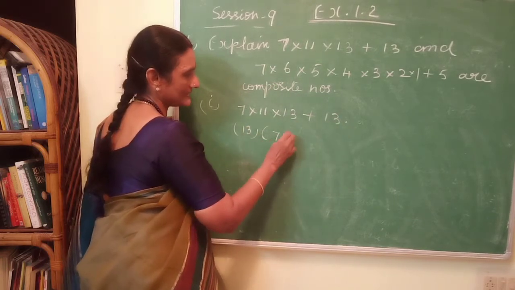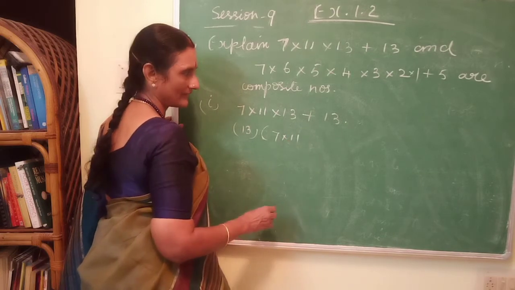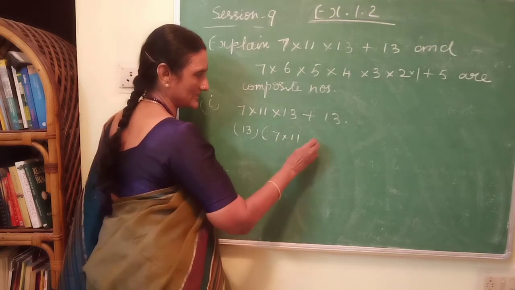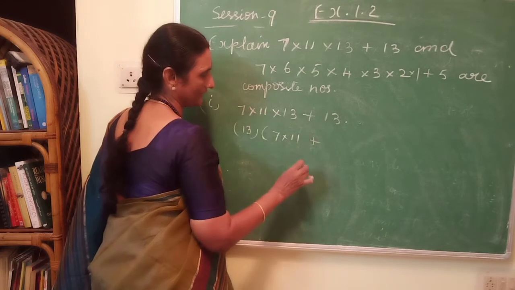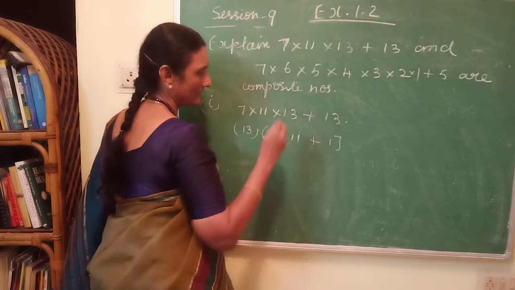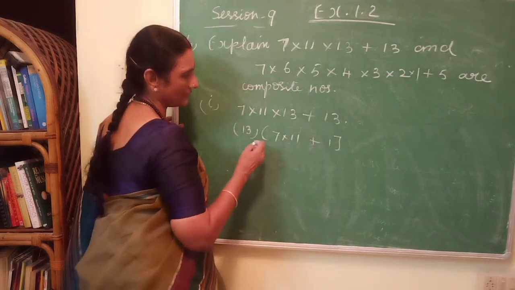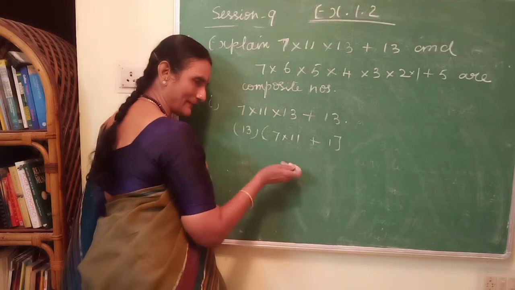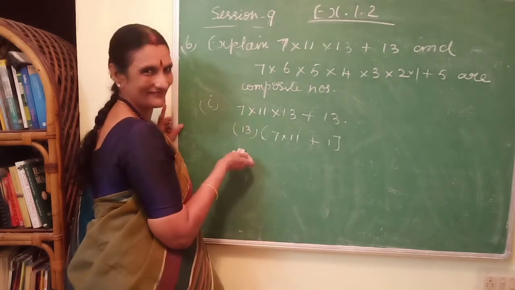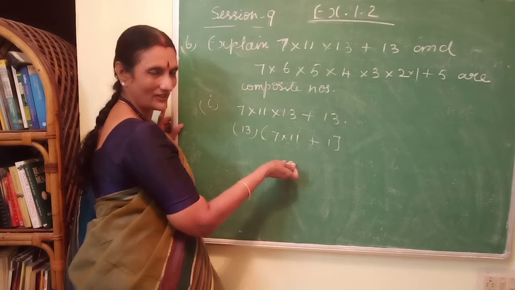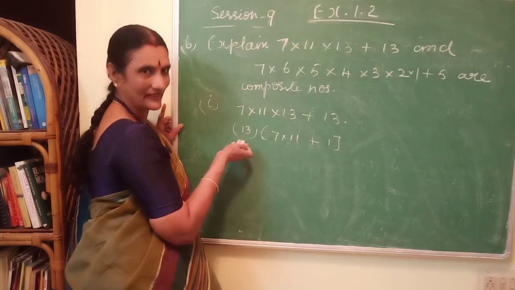So I will get 7 into 11. 13 is taken out, I am not disturbing that. And here 1. So if you write it, what will happen? The entire number becomes a multiple of 13. The product, whatever you are going to get, is going to be a multiple of 13, isn't it?